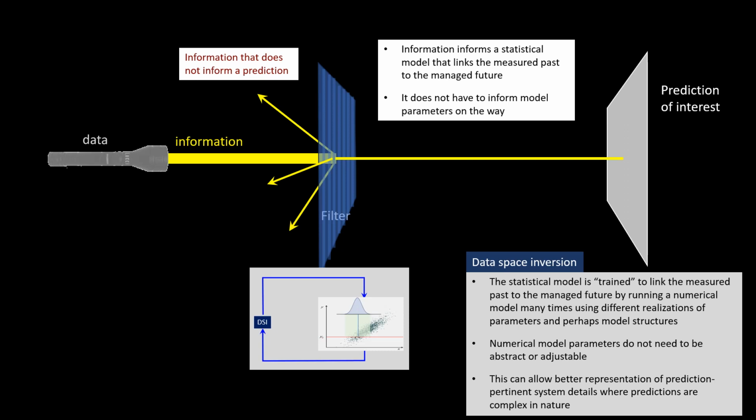However, we do not adjust those parameters. Instead, we train the statistical model, and information harvesting is carried out using that statistical model. This can go a long way toward alleviating the problem of information corruption that occurs when information's journey has to be routed through adjustable parameters and complex structure.